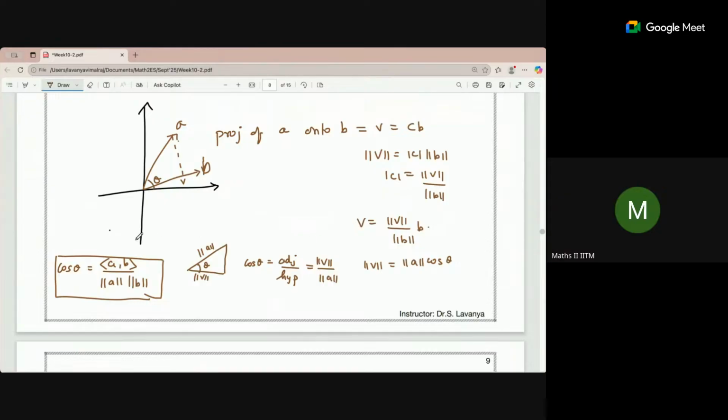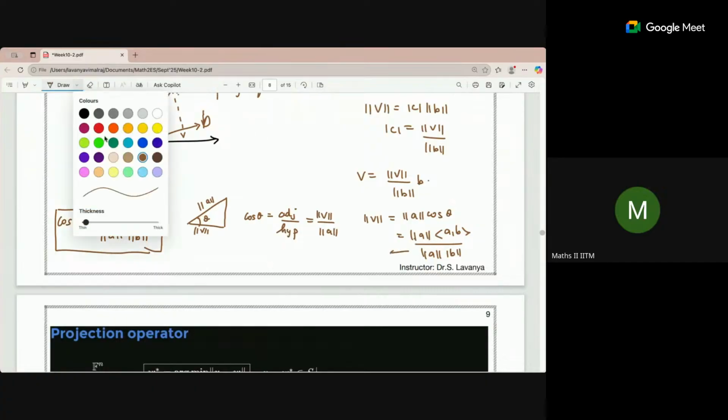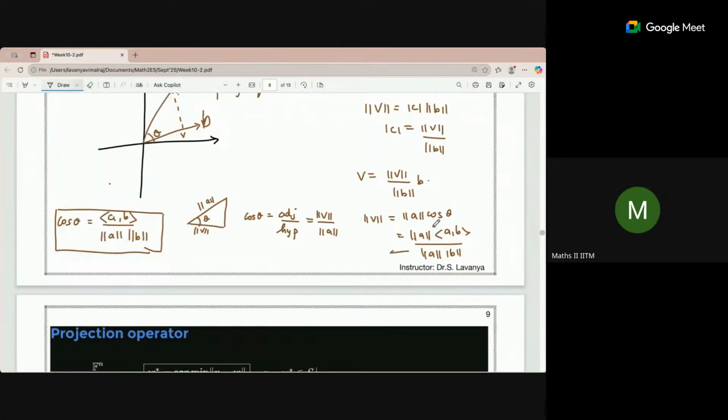And cos theta is inner product a comma b by norm a norm b. So I can cancel out norm a, and simply I have inner product a comma b by norm b.